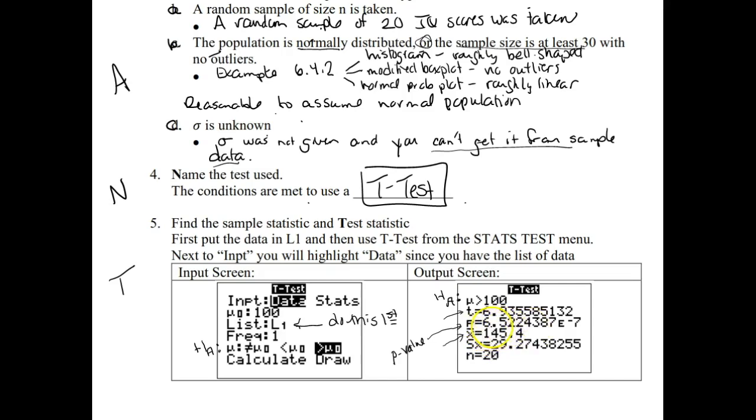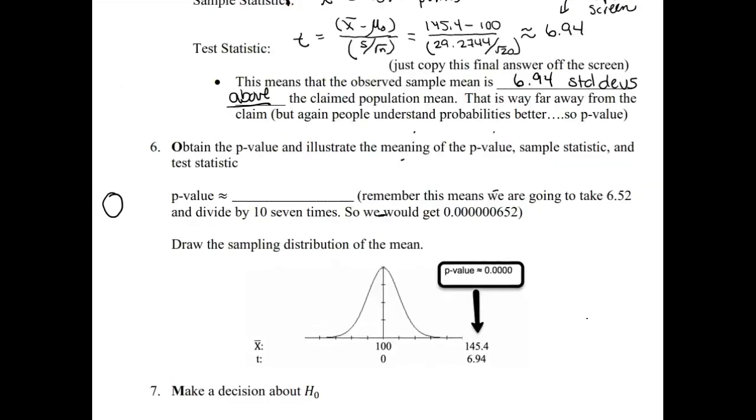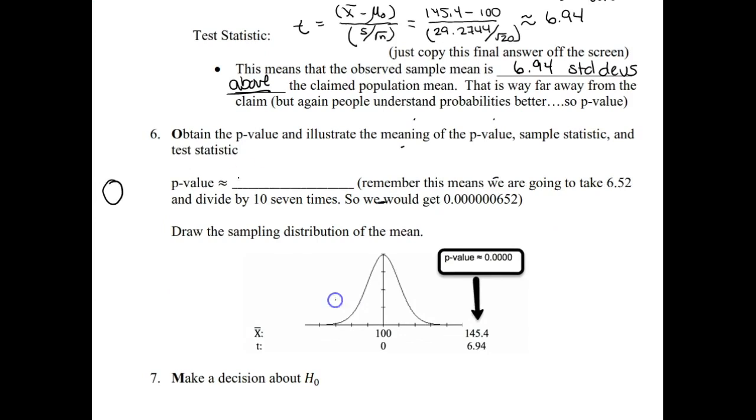So when we see 6.52, that tells us to look to the end of the line, and we see this e minus 7, which means this is the exponent on a base 10, so 10 to the negative 7. So basically it's this number, and we're going to divide it by 10 seven times over. So our p-value here is approximately 6.52 times 10 to the negative 7.